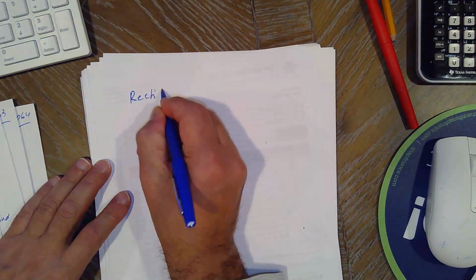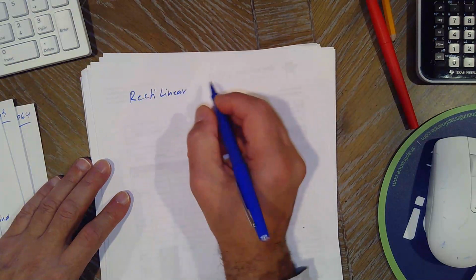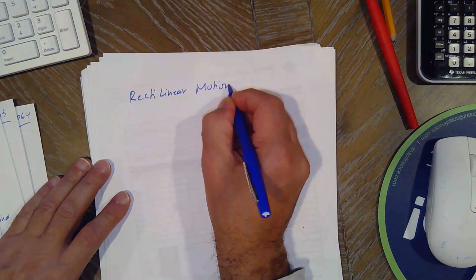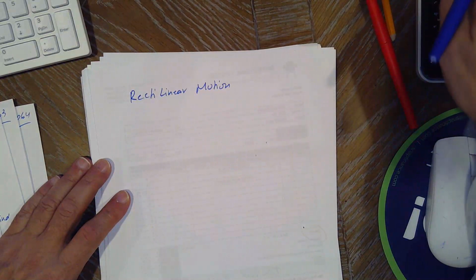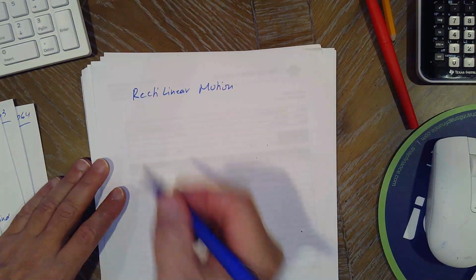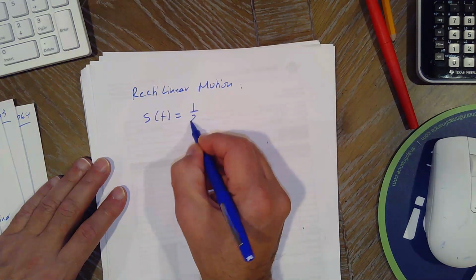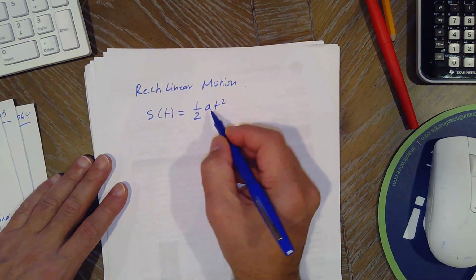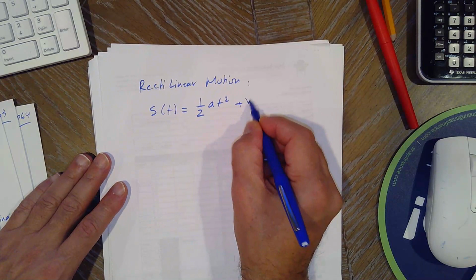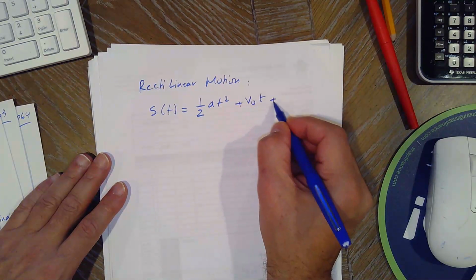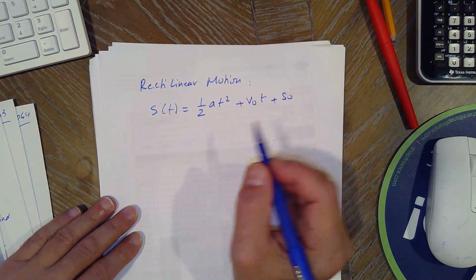Okay. So now one more thing from this section 4.9. It's a long section. We're going to talk about rectilinear motion, which we've already discussed several times in math, but I don't know how much you remember of it. Remember the position function, s of t equals 1/2 a t squared plus v0 t plus s0, where a is gravitational acceleration, v0 is initial speed, and s0 is initial position.